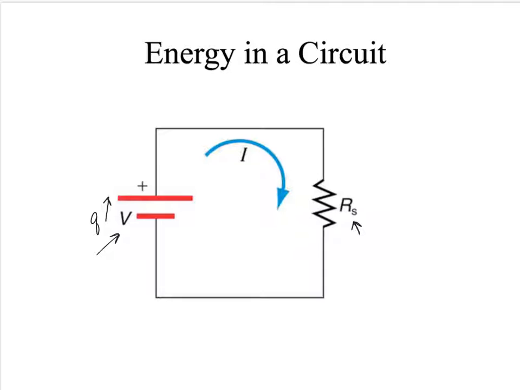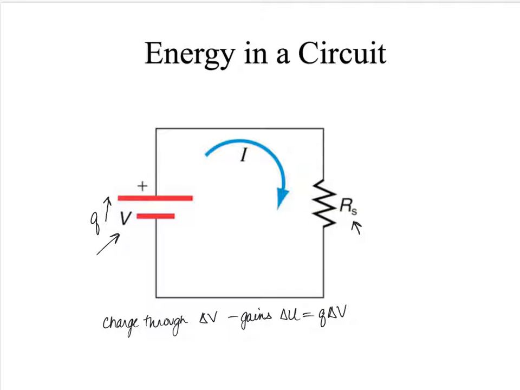Even though it's the electrons that are moving, the convention we use is the way the positive charges would go. But as the charge goes through a potential difference, delta V, it gains potential energy. And remember that that potential energy is going to be equal to Q delta V.